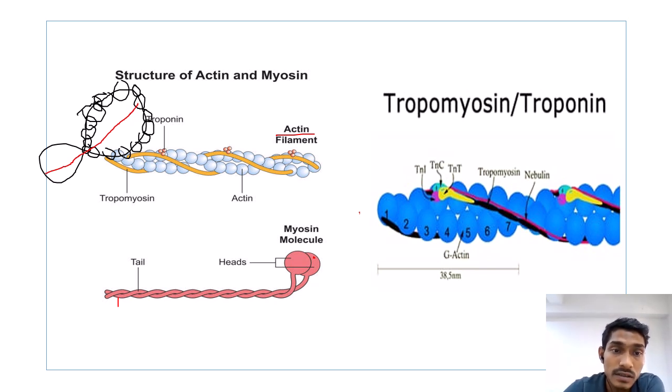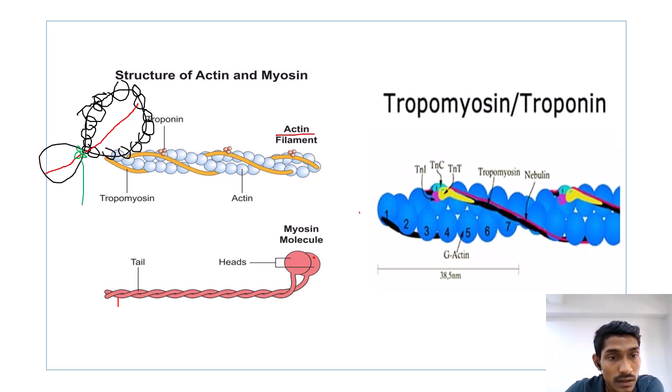As you can see, there are three proteins. Let's draw those also. The three proteins are present at the cross, and they all have specific names.